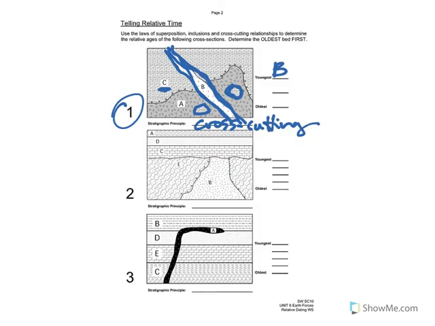So layer C must be the oldest because those inclusions are found in layer A. So A must be of an age in between B and C. We are using several laws here, but the most important would be the cross-cutting, and the next most important would be the law of inclusion.